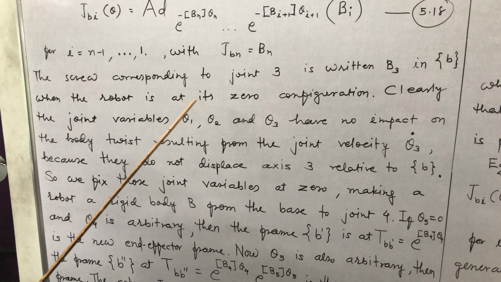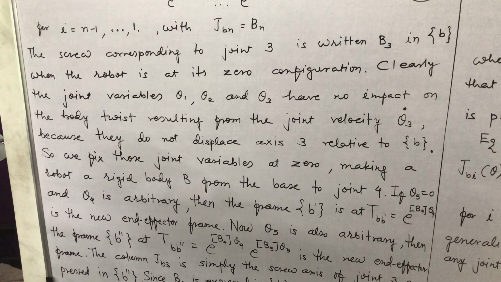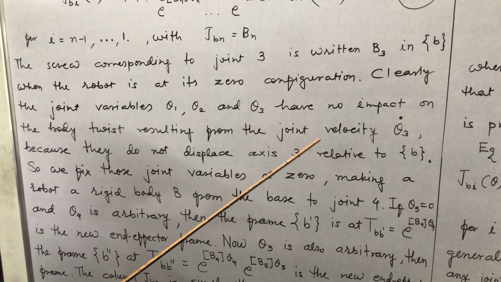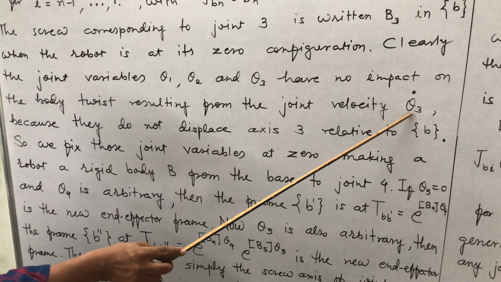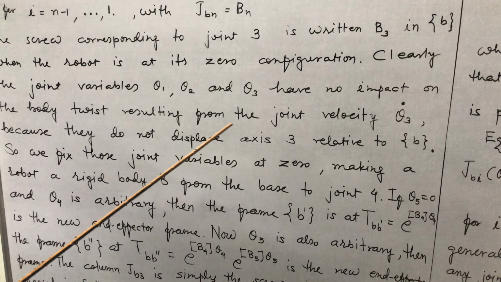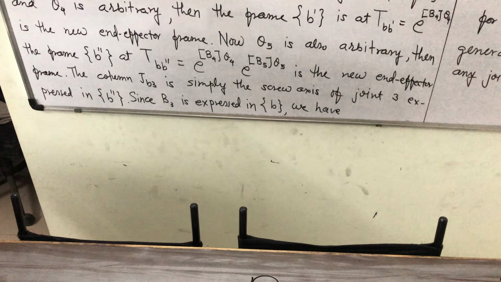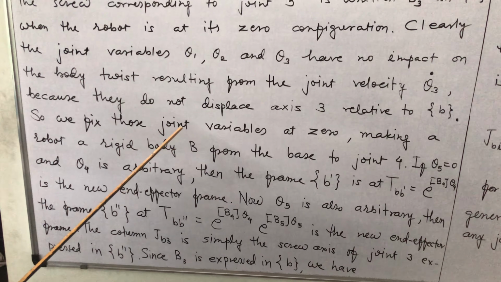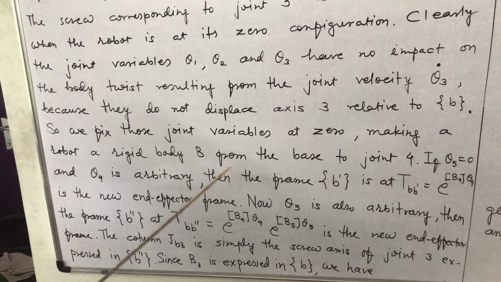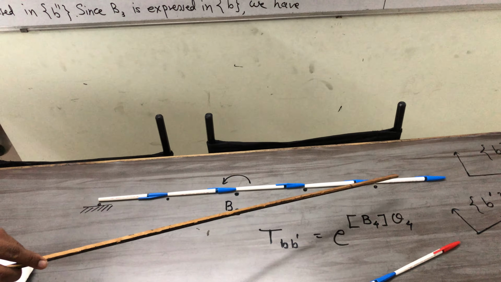When the robot is at its zero configuration, clearly the joint variables θ1, θ2 and θ3 have no impact on the body twist resulting from the joint velocity θ3 dot, because they do not displace axis 3 relative to B. This one, axis 3. So we fix those joint variables at 0, making the robot a rigid body B from the base to joint 4. This is the base to 1, 2, 3, joint 4.